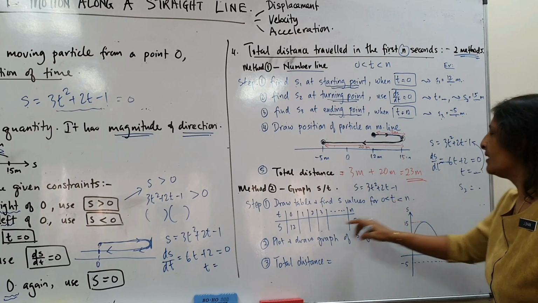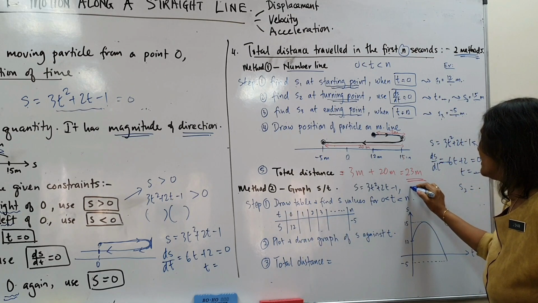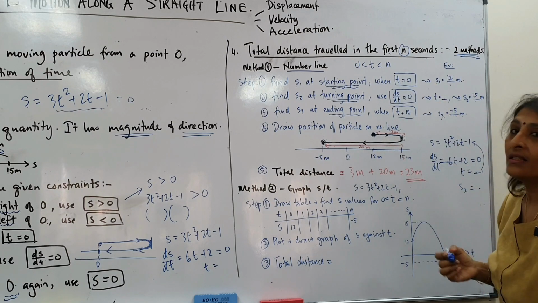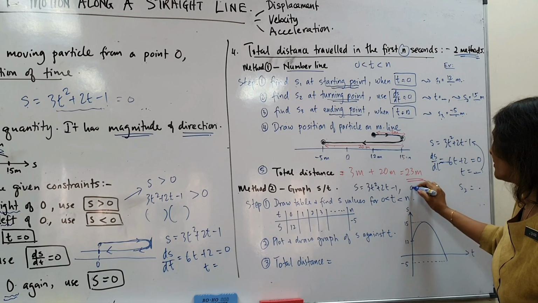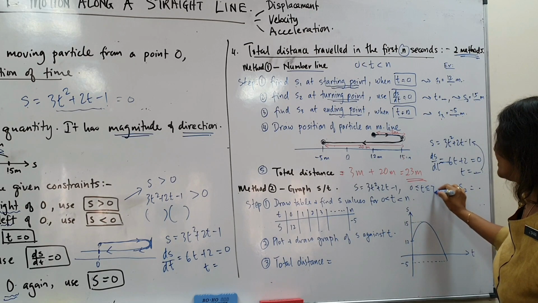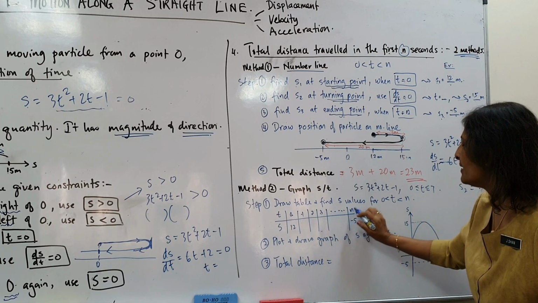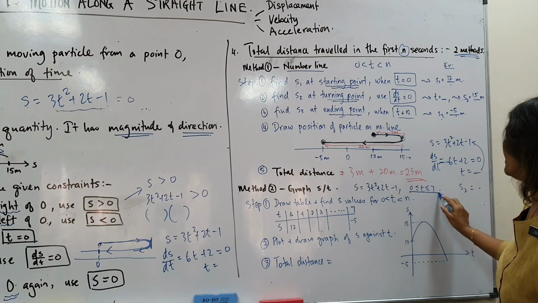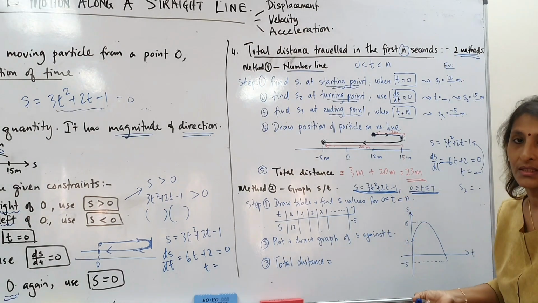What you will do is form a table, and they ask you to find the total distance traveled in the first 7 seconds. Meaning you have to draw from 0 to 7: 0, 1, 2, 3, 4, 5, 6 until 7. This is given in the question, and this equation is also given in the question.